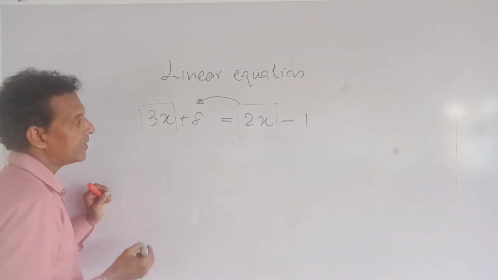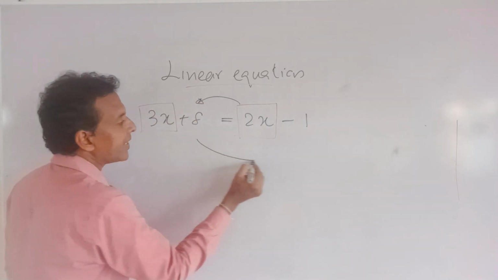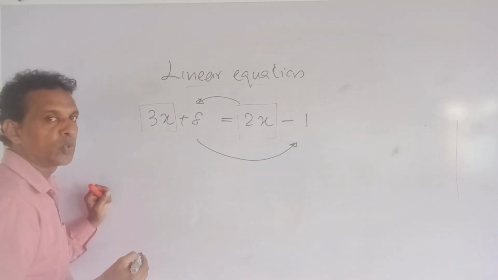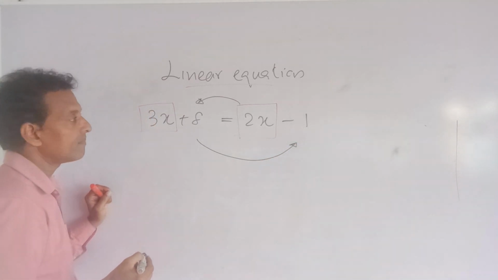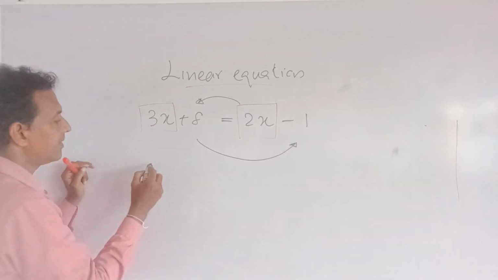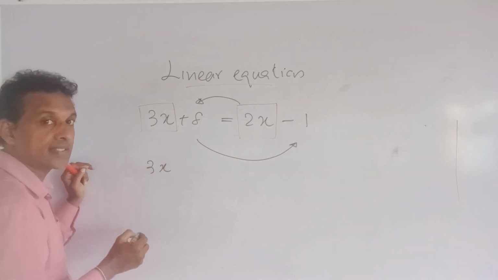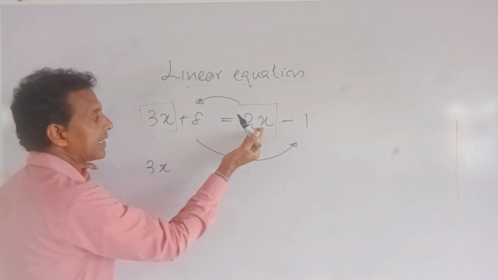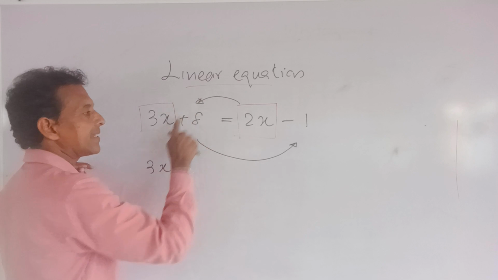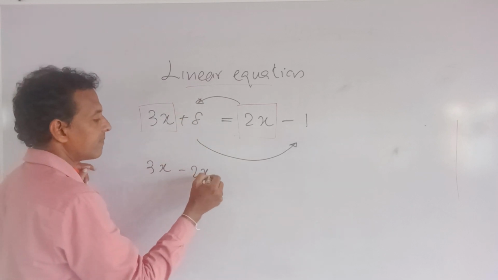At the same time, send this plus 8 to the other side. You don't have to spend two lines for that. So 3x is here on the left hand side. Keep it as it is. Take 2x to this side, plus 2x becomes minus 2x, equal.